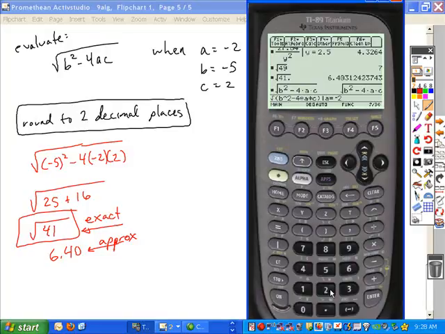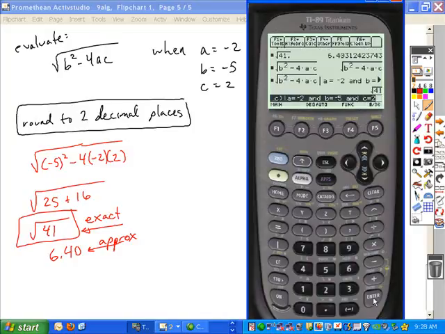You simply need to put space followed by the word and. If you're using your computer, it makes it a little bit easier. So a is equal to -2 and b is equal to -5 space and space c is equal to 2. Hit enter and it evaluates it for you.